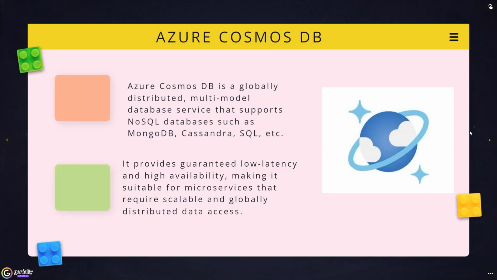And Azure Cosmos DB. Azure Cosmos DB is a globally distributed multimodal database service that supports NoSQL databases such as MongoDB, Cassandra, SQL, etc. It provides guaranteed low latency and high availability, making it suitable for microservices that require scalable and globally distributed data access.